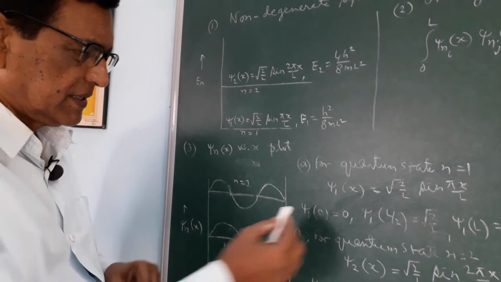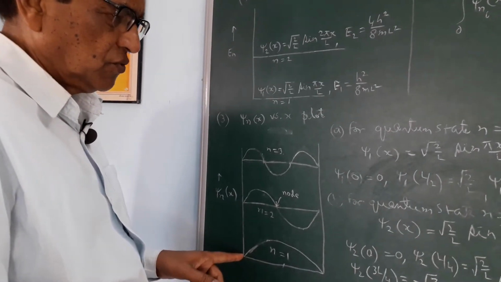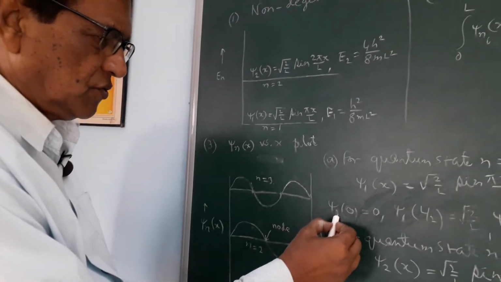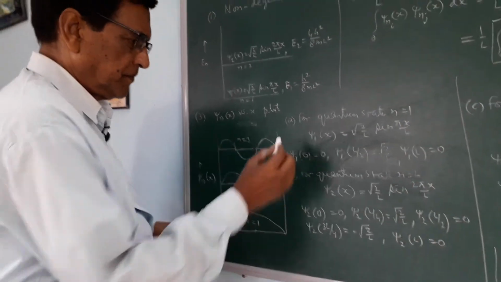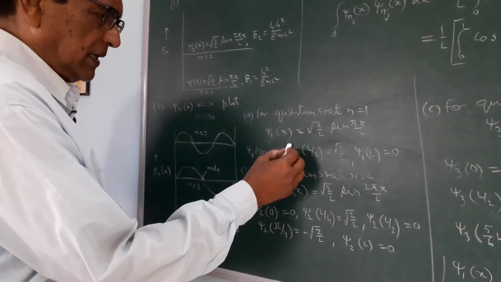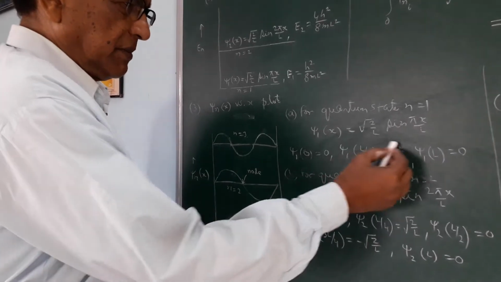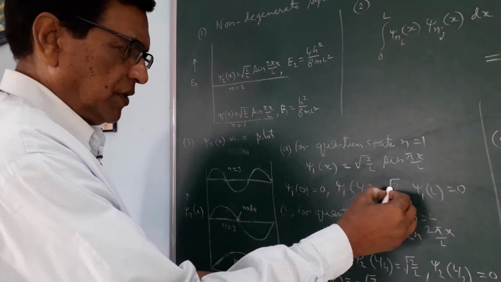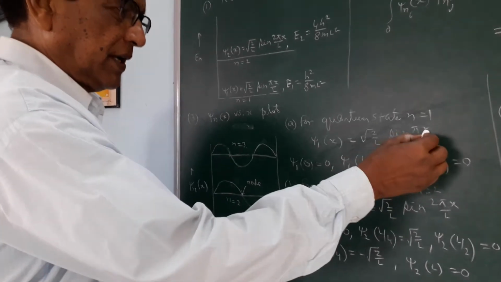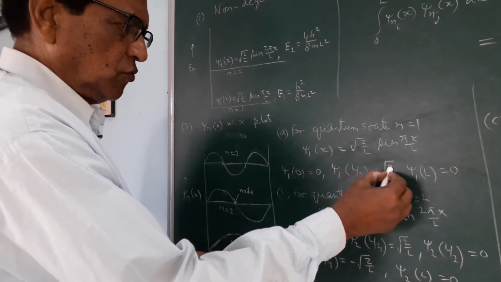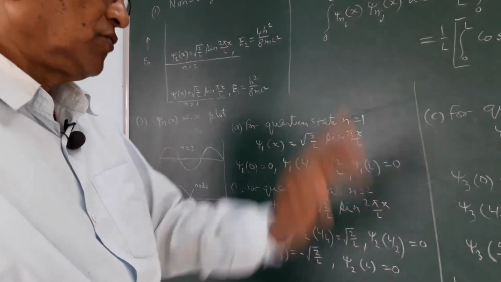Whenever x equal to 0, psi 1(0) equal to 0, and psi 1(L by 2) is the maximum. When we put x equal to L by 2 here, this is root over 2 by L, and psi 1(L) equal to 0.